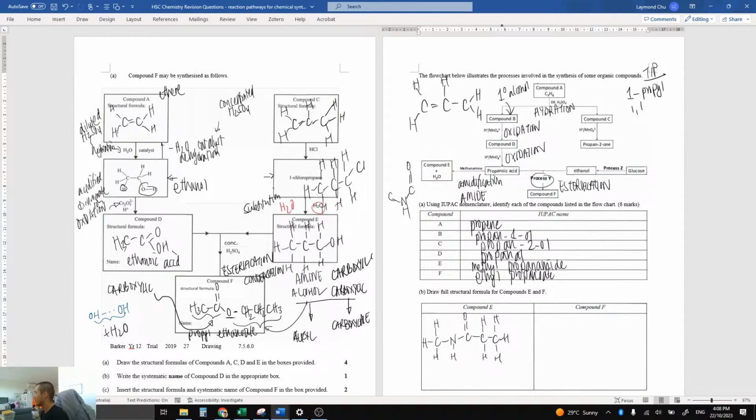F is our lovely ester. We love those. C O. I'm going to draw this the other way around to the one I drew on the previous question. Propanamide. Yep. Okay. Draw those hydrogen CH bonds in.